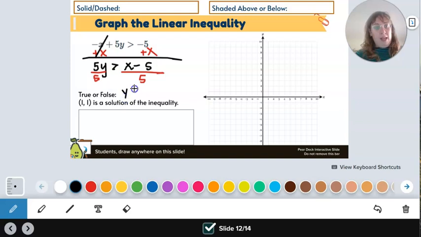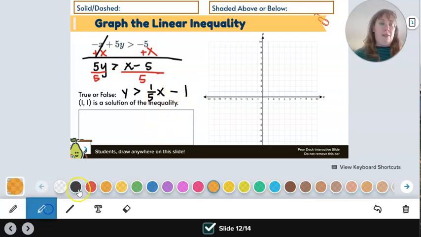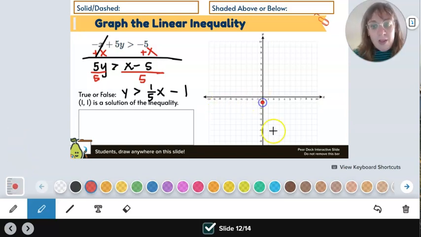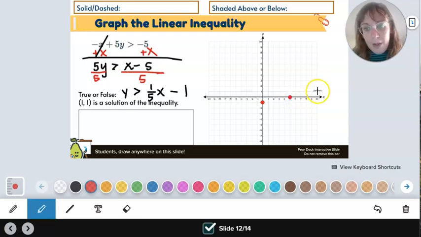And so we get y is greater than 1/5 x, or x divided by 5, minus 1. 5 divided by 5 is 1. So our y-intercept is -1, and our slope is up 1 over 5. Up 1 over 5, or down 1, left 5, like so.